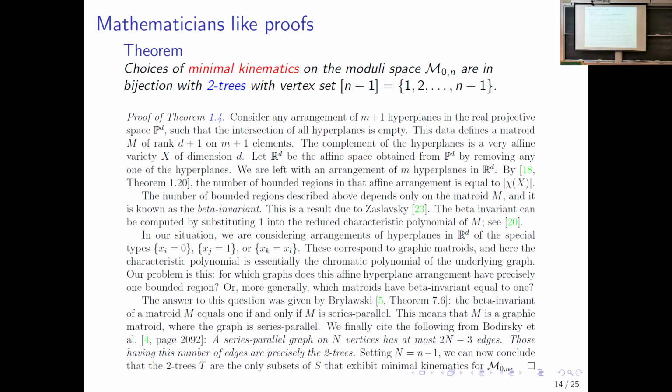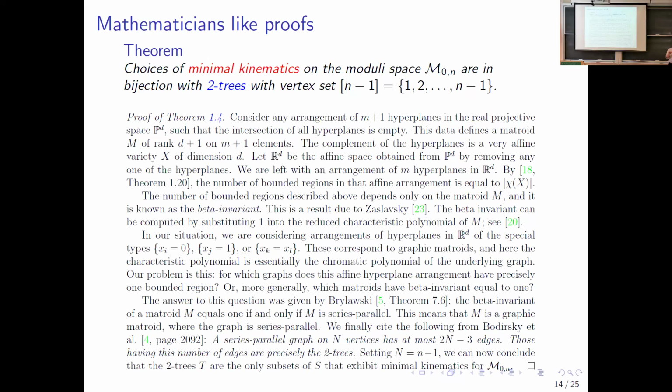So here's an excerpt of the proof, one direction of this theorem, and you can see many of the combinatorics words that people like, right? So there's a hyperplane arrangement, there's Zaslavsky's theorem for counting regions, there's a beta invariant, and then it has to do with series parallel graphs.